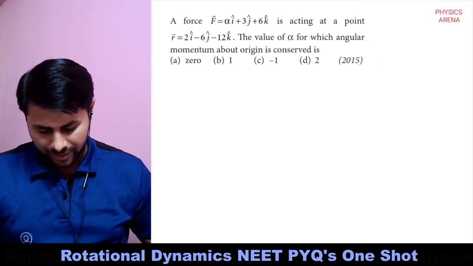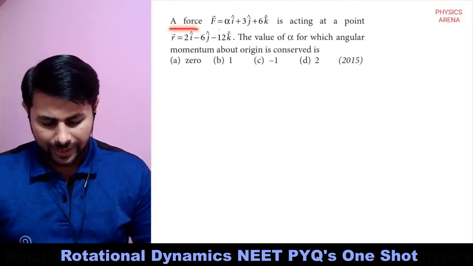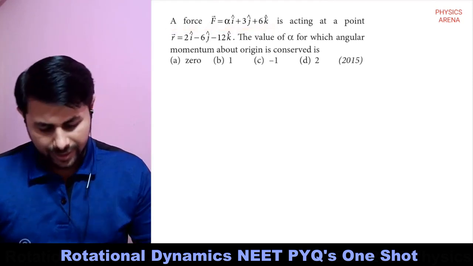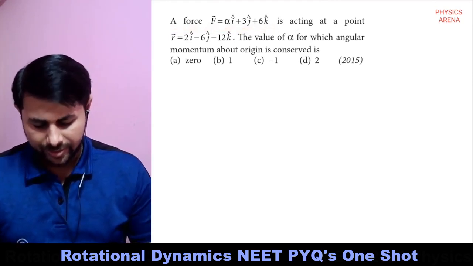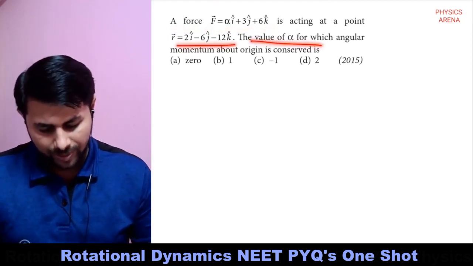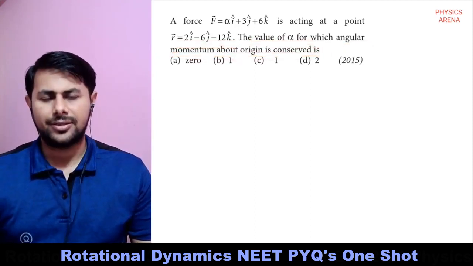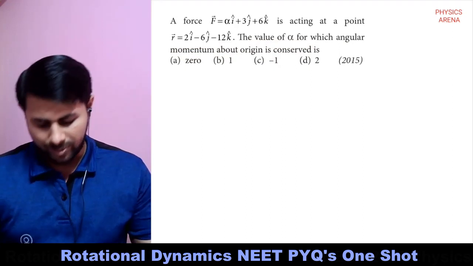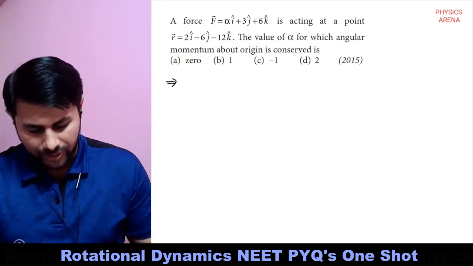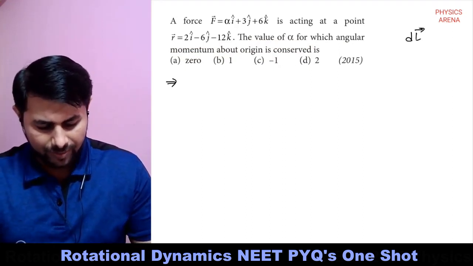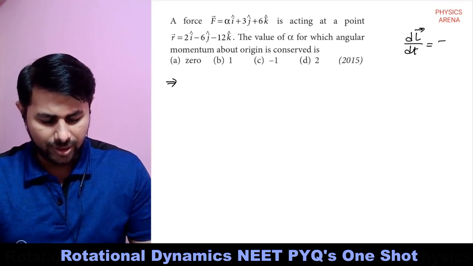Then there is another question. Force F bar is acting at a point, this point. The value of alpha for which angular momentum about origin is conserved is. So when is the angular momentum conserved? What is the rate of change of angular momentum? It's equal to torque.